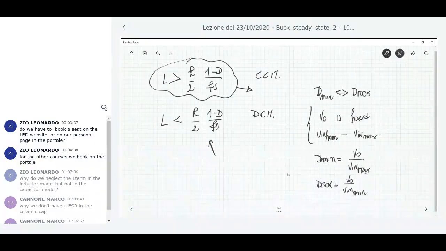So the duty cycle is typically included in a variation from a minimum value to a maximum value.